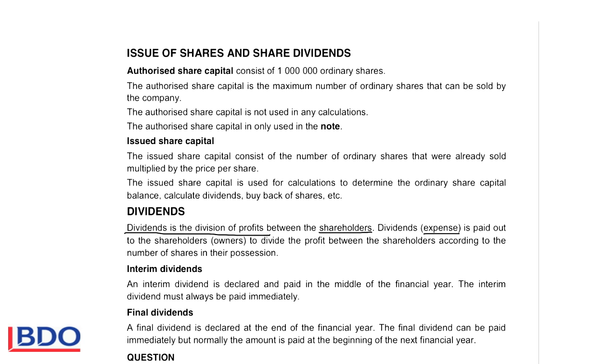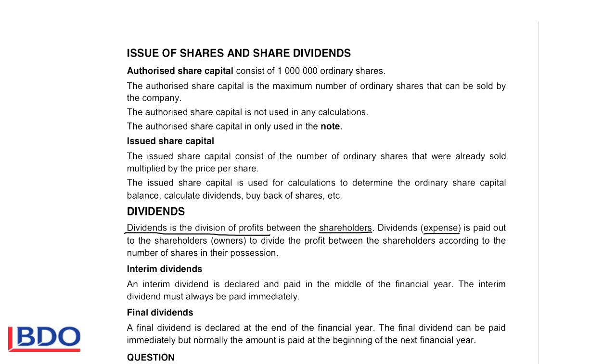The dividends is paid per share so that the people who have more shares will get a bigger dividend, and the people who have less shares will have a smaller dividend because they can only get dividends on the number of shares.